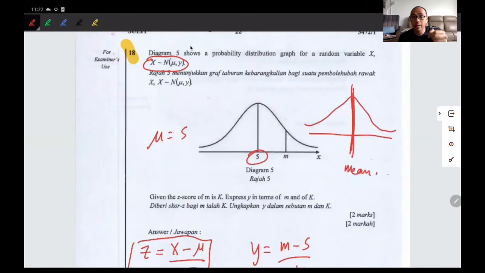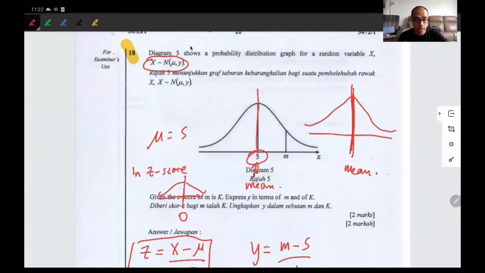But once you convert it into z-score, the center value is 0. Why do we need to convert to z-score? So that kamu boleh baca jadual lah. That's basically it. But if there is no z-score, and if you just plot the entire graph, the center value is always the mean.